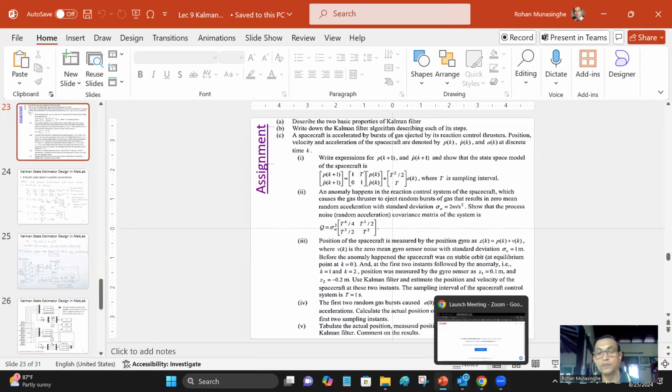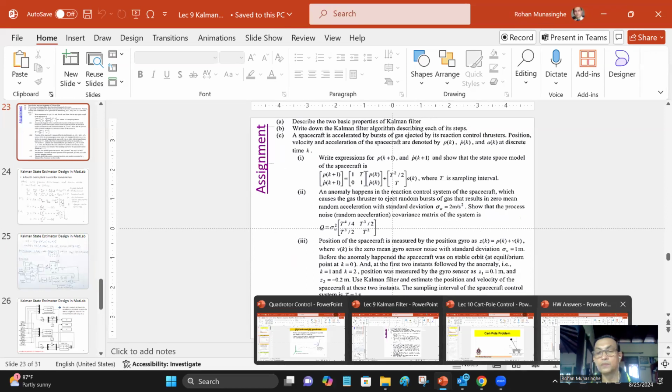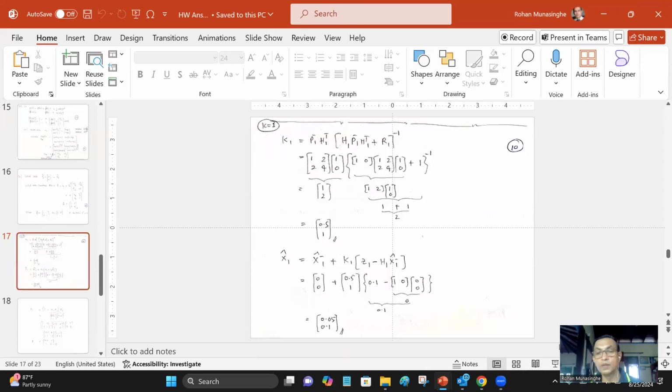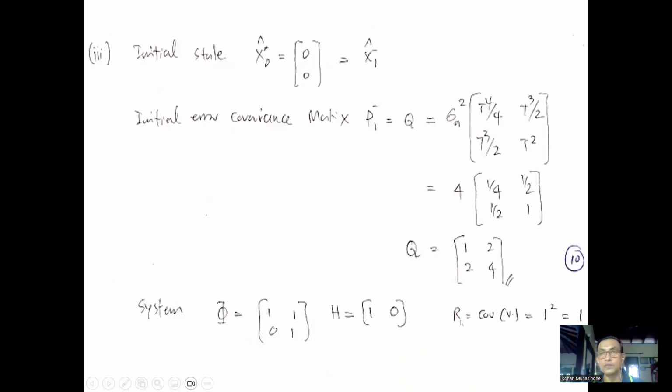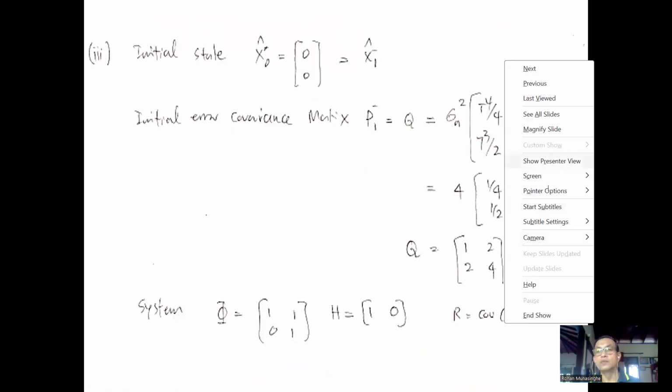So therefore, sensor noise covariance is standard deviation squared. You know that, right? When you are given standard deviation, square it, and then you get the covariance, right? So it is 1 squared, which is 1.